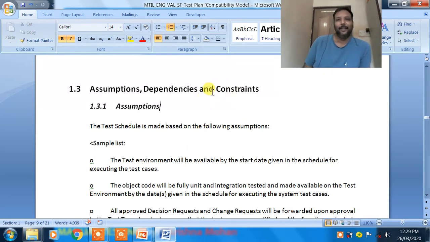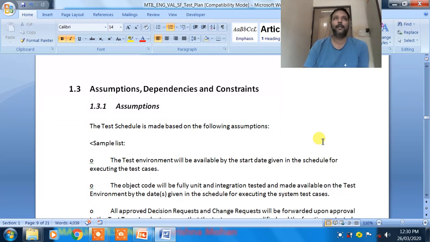Then, what are the constraints or the conditions? Because for doing our job, something has to be done first. That is the condition. It means if that is done, then our job can be done. So what are the conditions?